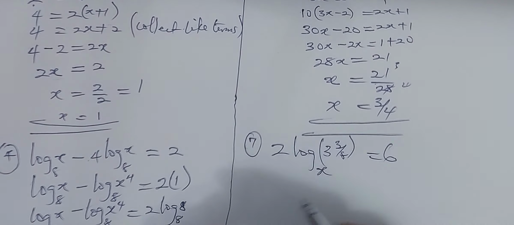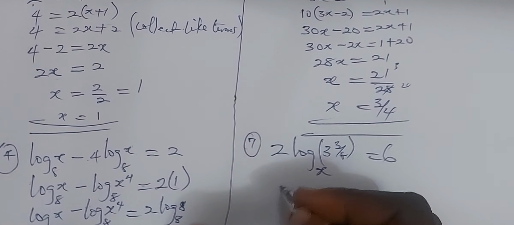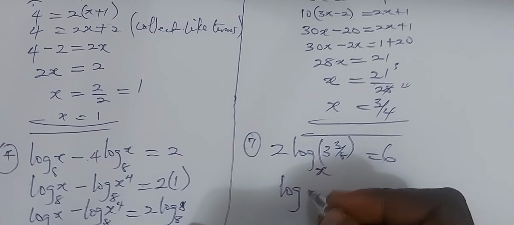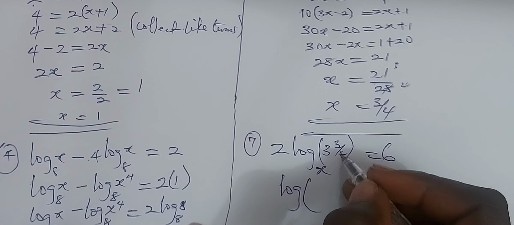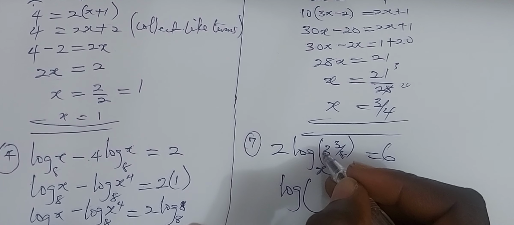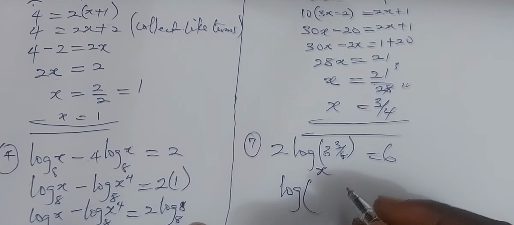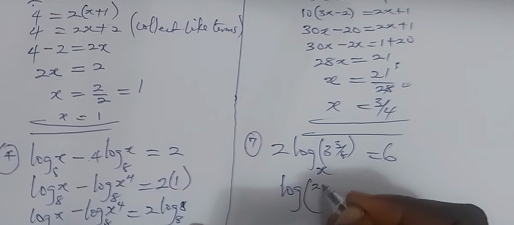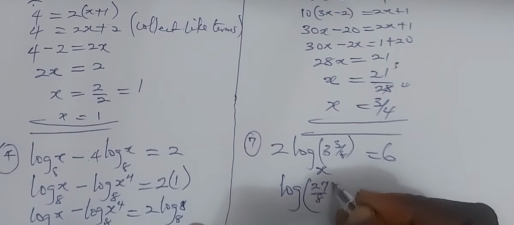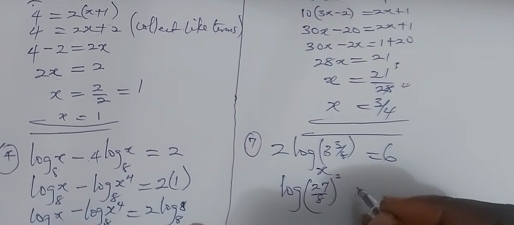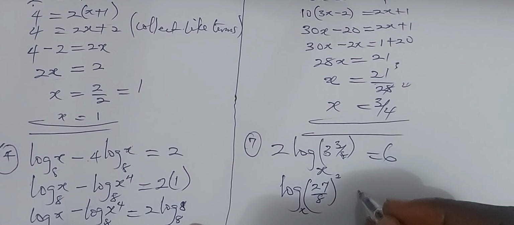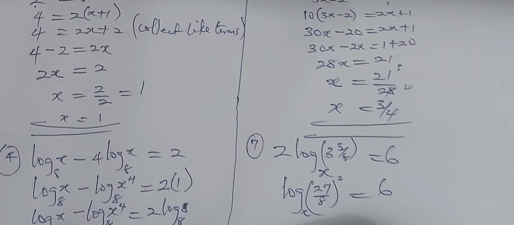What do? This one should come back. We now have log, 3 times 8 is 24 plus this, that is 27. So we have 27 over 8, everything squared to base x is equals to 6.